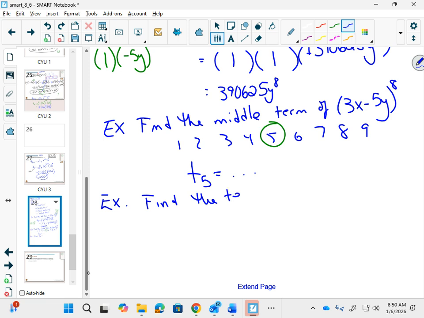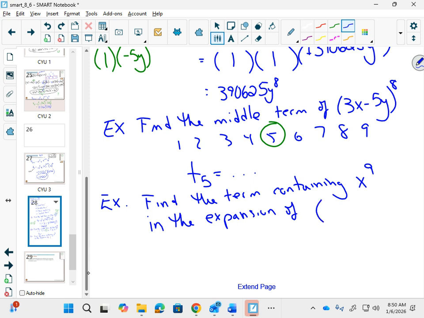Find the term containing x to the 9 in the expansion of (3x squared minus 2 over x) to the exponent of 9.